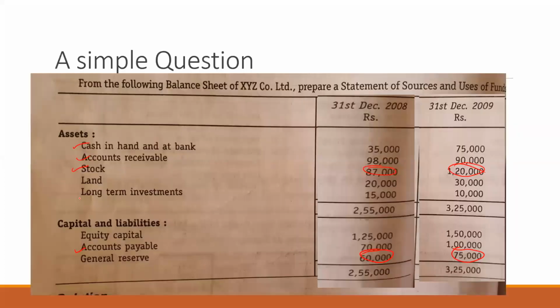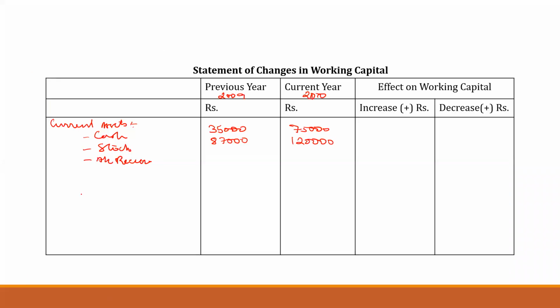What about accounts receivable? 98,000 and 90,000. Cash increased by 40,000 first. Stock increased by 33,000. What about accounts receivable? Decrease, 8,000. Okay.